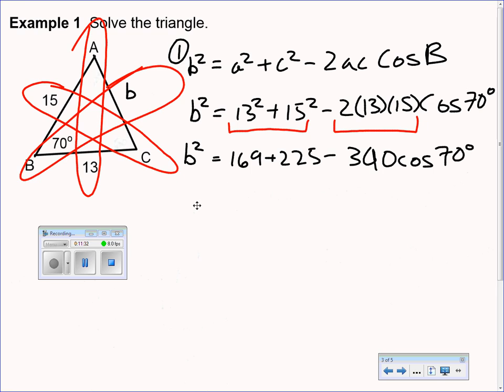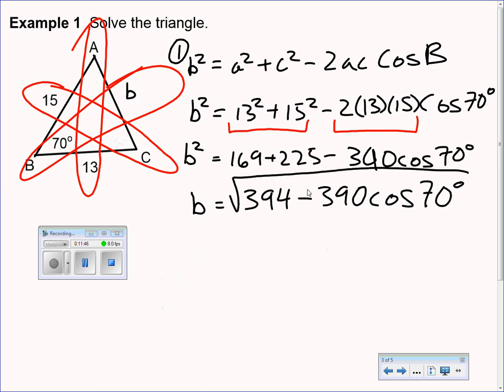And so now, in order to get B, we're literally going to square root the result, and we're going to end up with 16 right away. Now that is what B is.